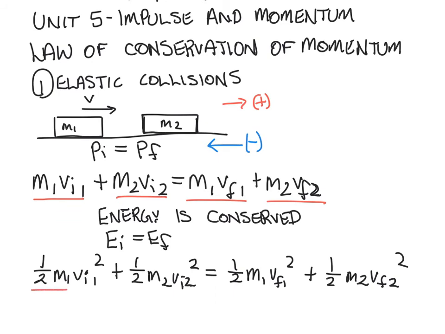The first mass times its initial velocity squared, the second mass times its initial velocity squared, the first mass times its final velocity squared, and the second one. Notice that all of your velocity values are squared, so directionality no longer matters, because if those velocity values were negative numbers, then they'll be converted back into positive numbers by squaring it.